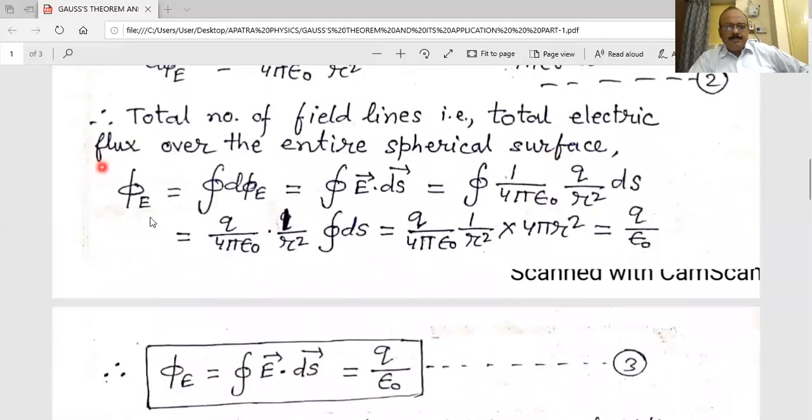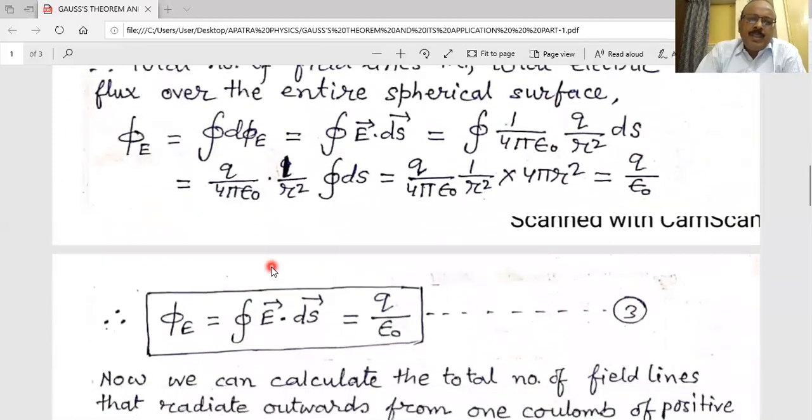phi e is equal to the closed surface integral of d phi e. Now that is equal to the closed surface integral of E dot ds, and E dot ds is 1 by 4 pi epsilon naught q divided by r square into ds, which is equal to q divided by 4 pi epsilon naught into 1 by r square.